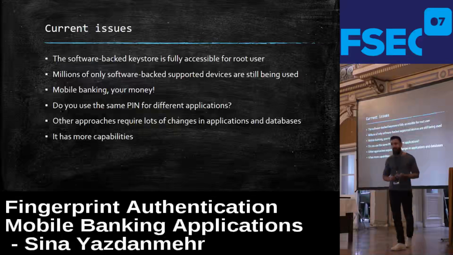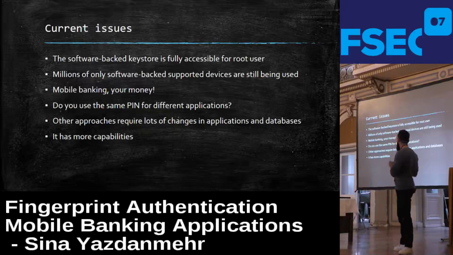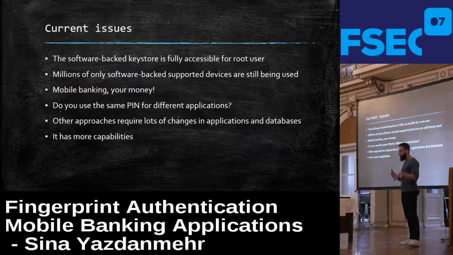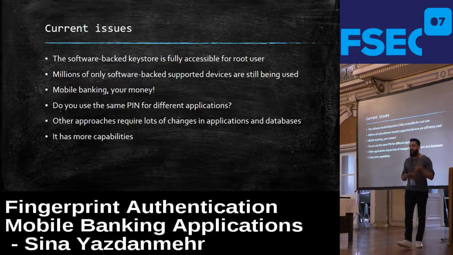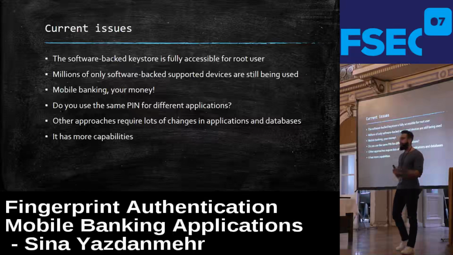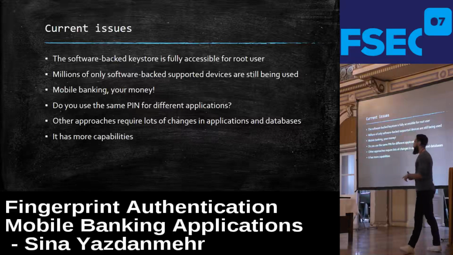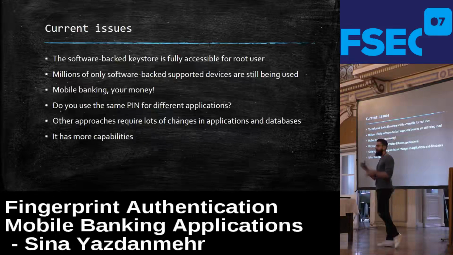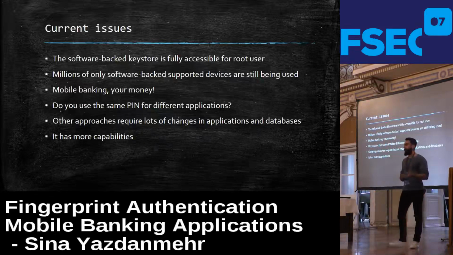So in case of an insecure application using this type of fingerprint implementation, if an attacker can access the key store and decrypt the PIN code, that means the attacker has a PIN code which is valid everywhere for that target.